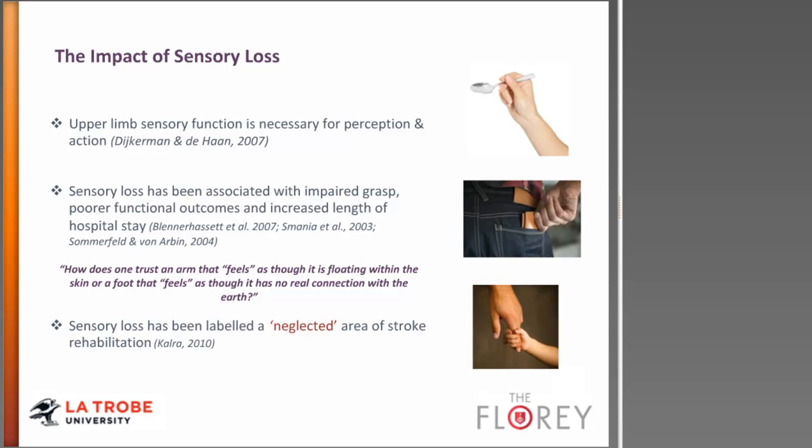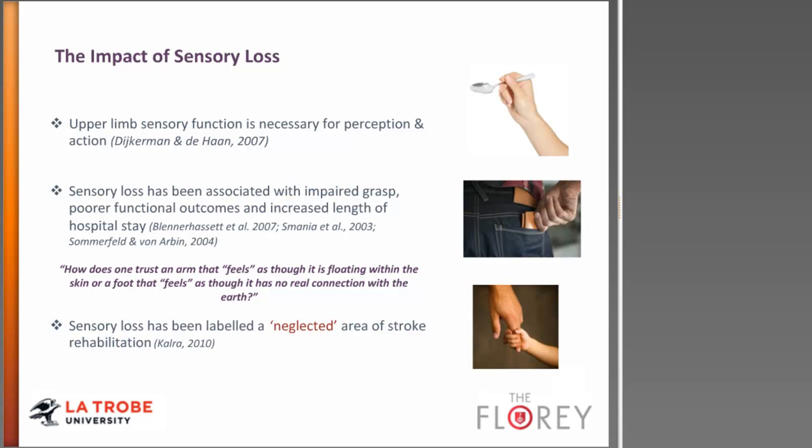And this feeling for the sake of feeling really cannot be underestimated in terms of its importance for interacting with the world around us. And I have had clients myself who have set some goals around perception, so wanting to feel the hand of their loved one as they walk along. So sensation for the purpose of feeling.